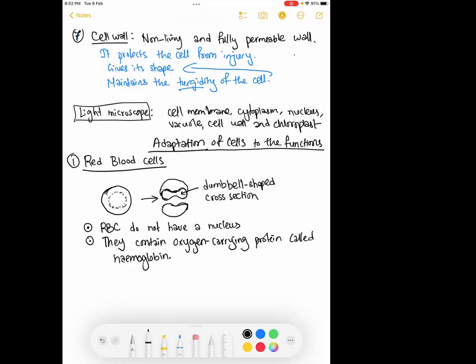Okay, so they have this flattened, biconcave disc shape, and a dumbbell shaped cross section. And why is that? Why do you think that is?